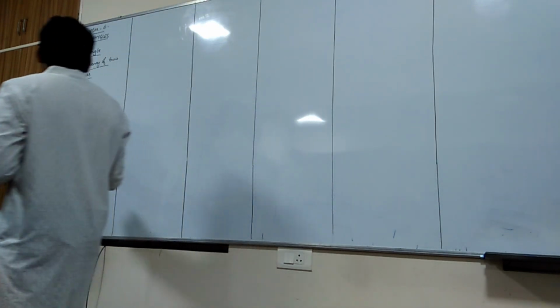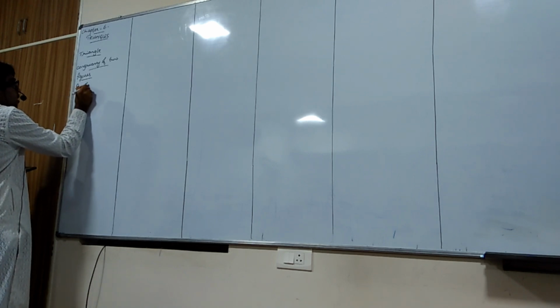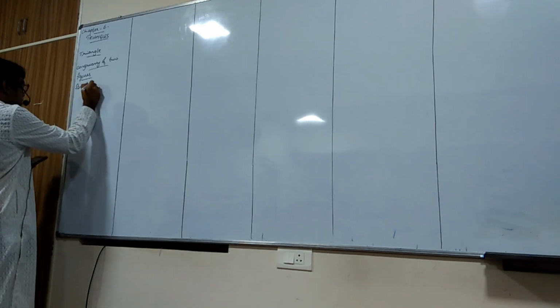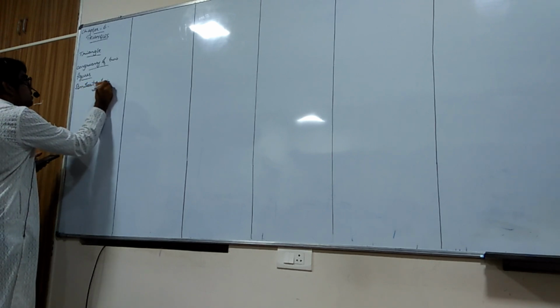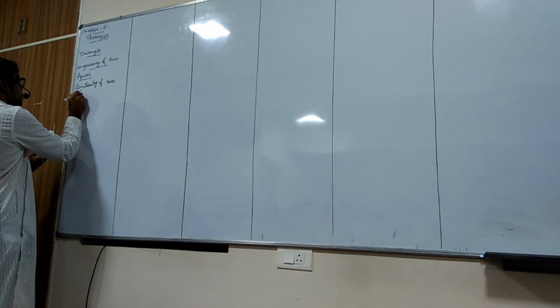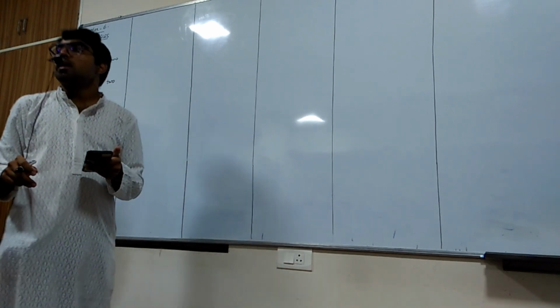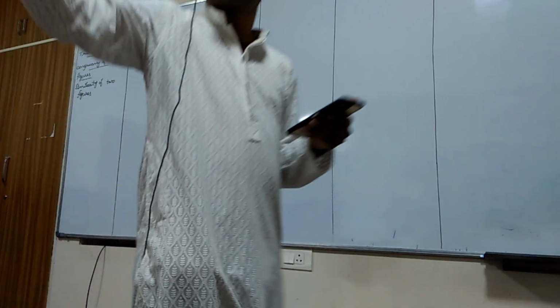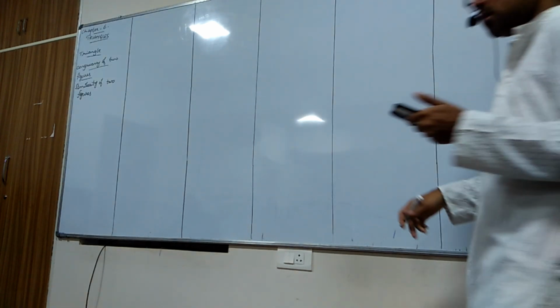Okay. Next side heading is similarity of triangles, or similarity of two figures. What does that mean?